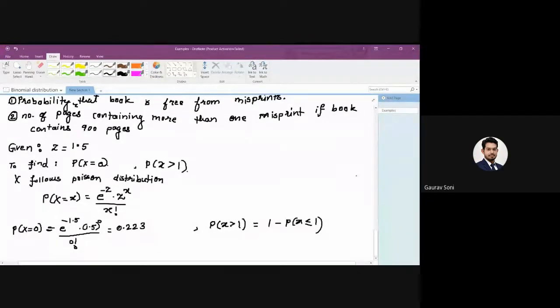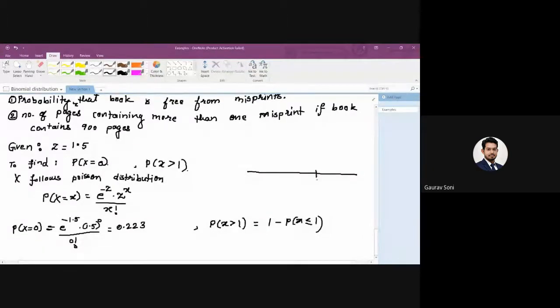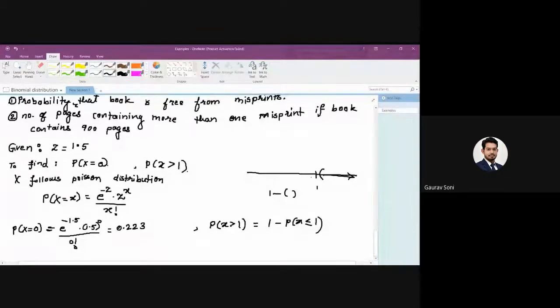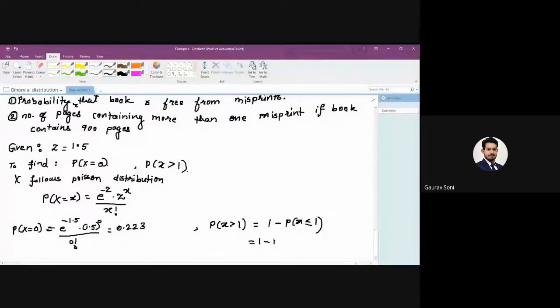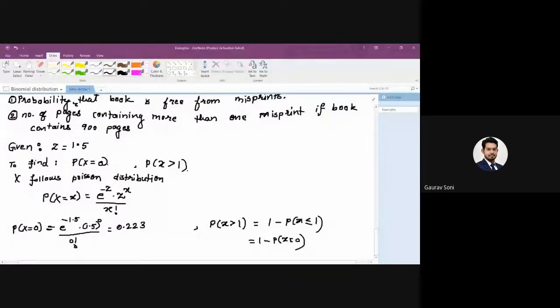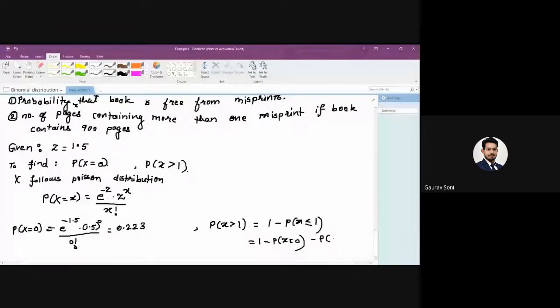Look, you are finding the probability of x greater than 1. I need 1 minus the probability of everything up to and including 1, because 1 is not included. So it is 1 minus probability of x equal to 0 minus probability of x equal to 1.